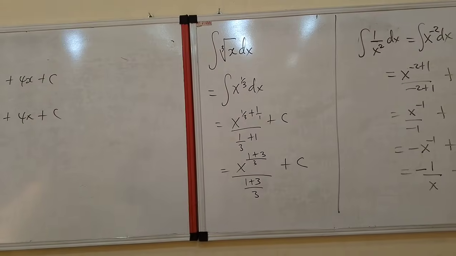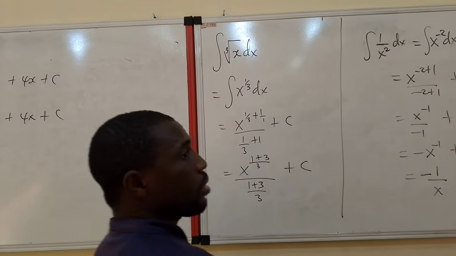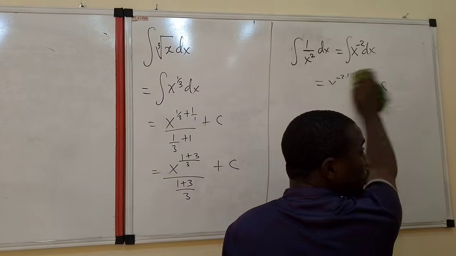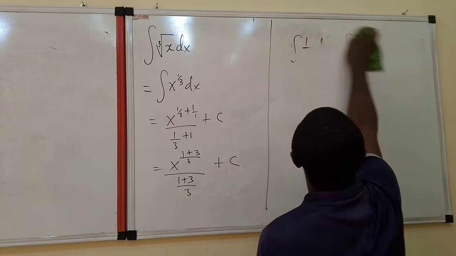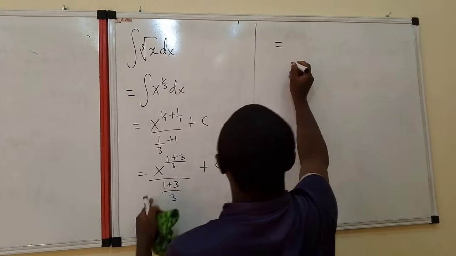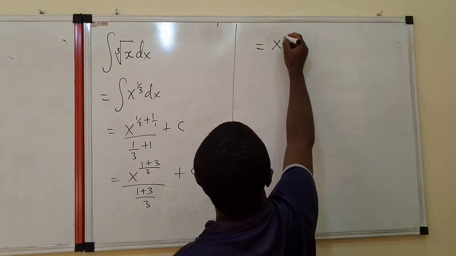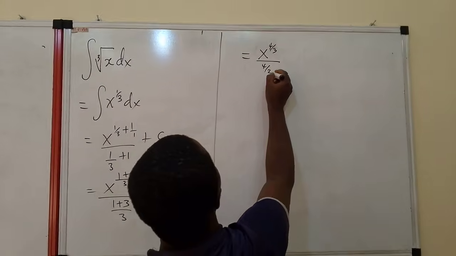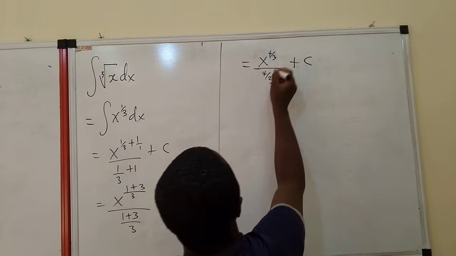And so this gives me x raised to the power of 4 over 3, over 4 over 3, plus c.